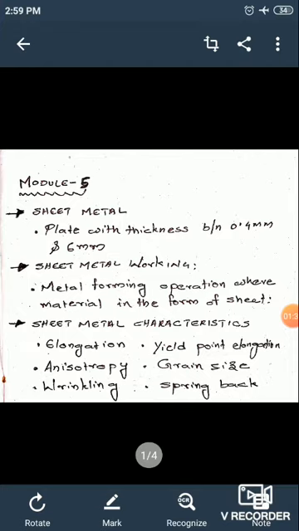So a high uniform elongation is desirable for good formability, because in a sheet metal forming operation the material is being stretched.